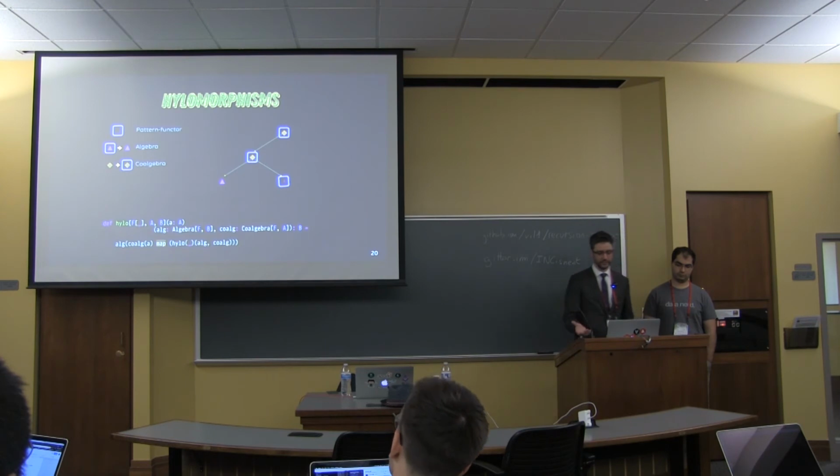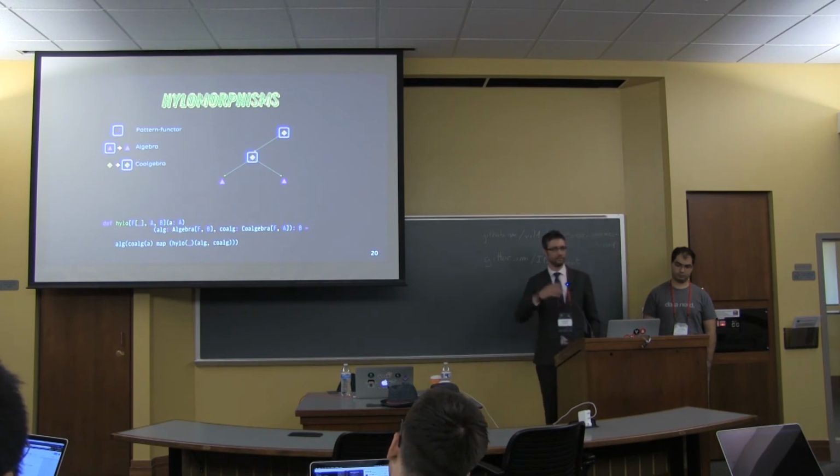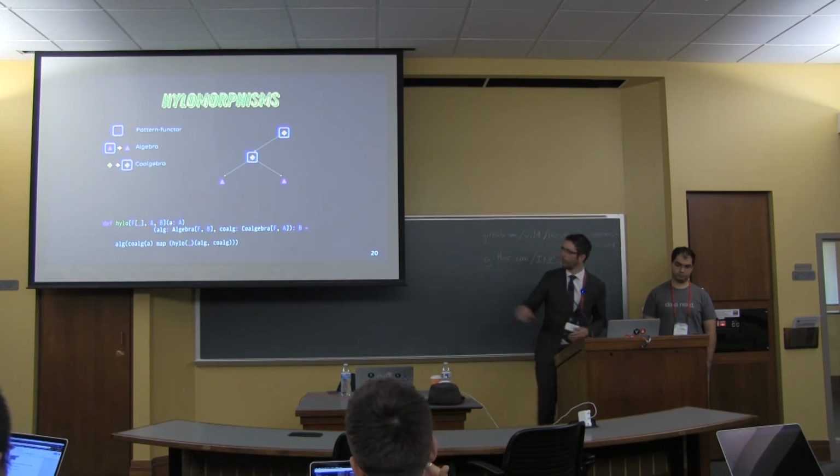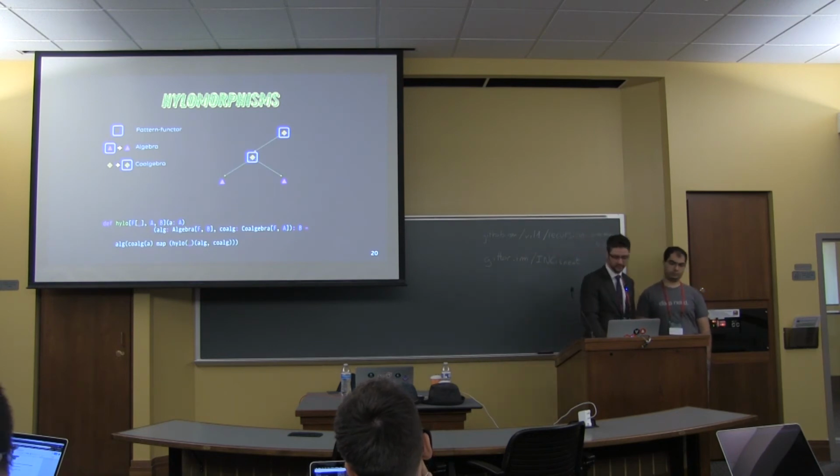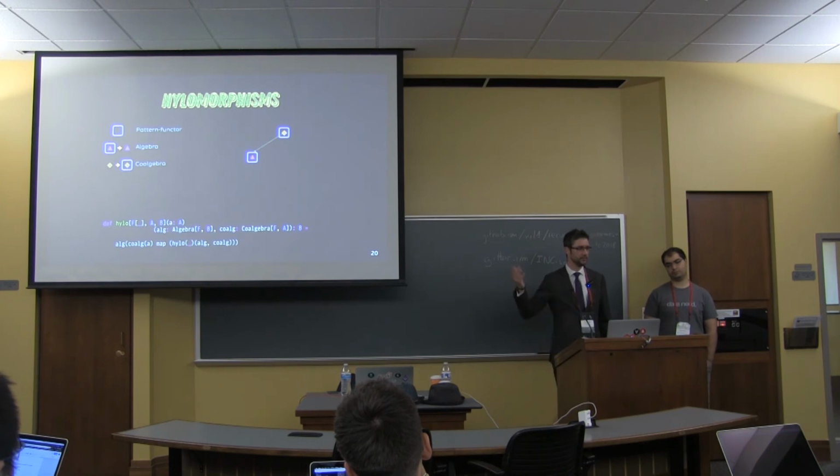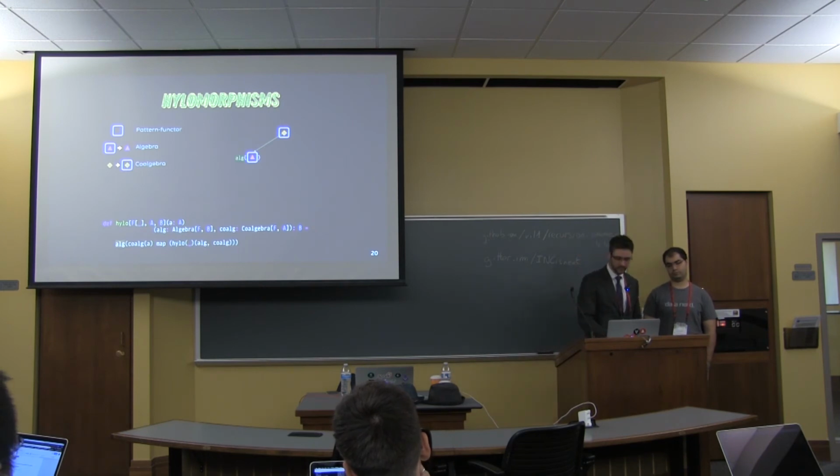So it immediately returns an F of B. We can apply the algebra on it, and we're done. We have mapped hylo on the whole node. We've got two B's, and so we can consider this node now an F of B, because we have finished mapping on it. So we can call the algebra. That will produce a B.